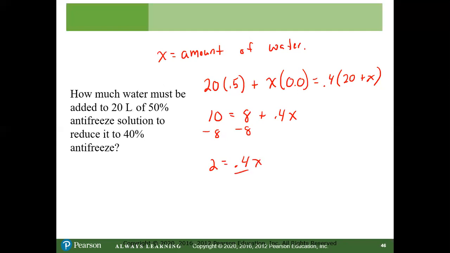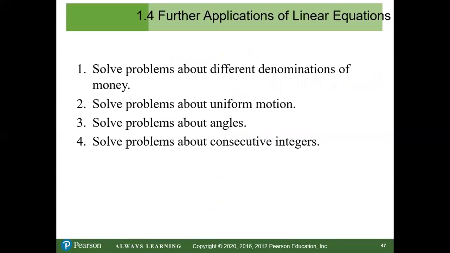And then when you divide both sides by 0.4, you get x is equal to 5 liters. So you are going to put 5 liters of water to get a 40% solution of antifreeze, right?